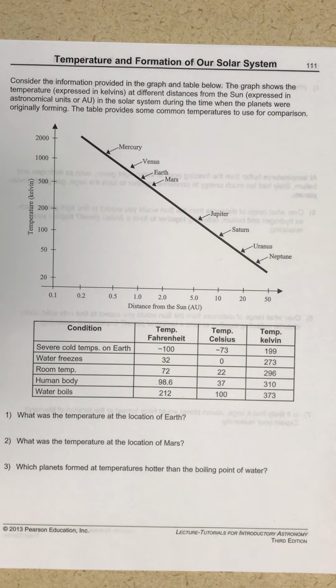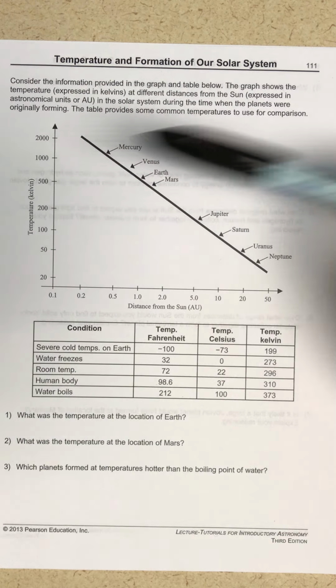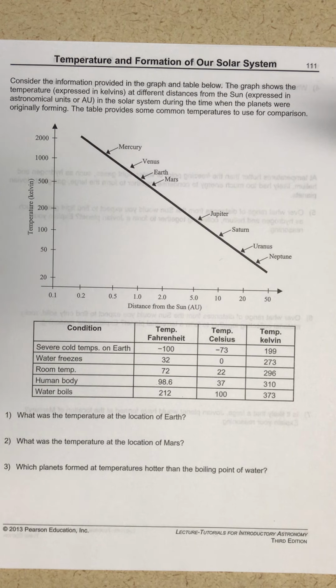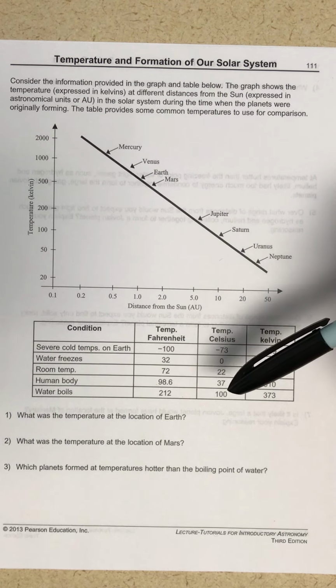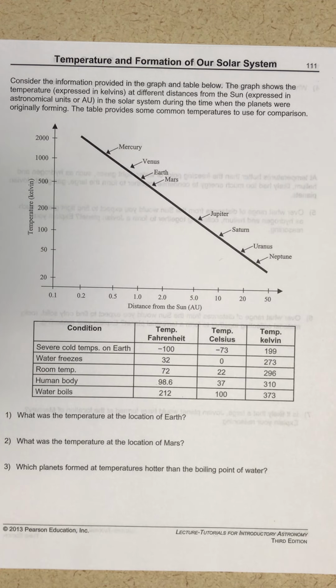All right, temperature and formation of our solar system. Consider the information provided in the graph and table below. The graph shows the temperature expressed in Kelvin at different distances from the sun, expressed in astronomical units or just AU, in the solar system during the time when the planets were originally forming. The table provides some common temperatures to use for comparison.